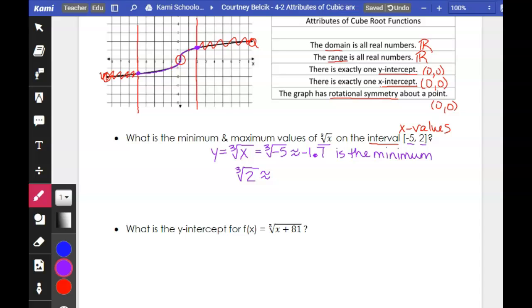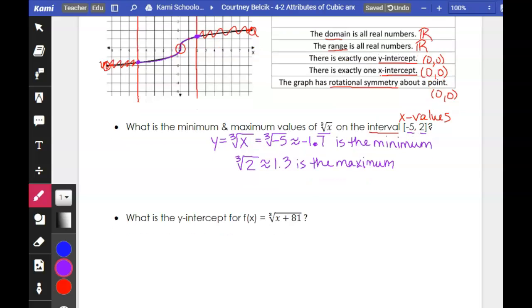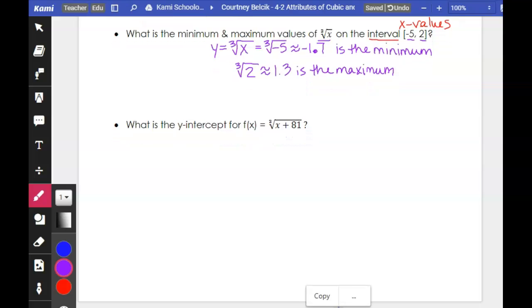So it's about 1.3, and that's the maximum. And you can do a quick spot check to make sure that it kind of makes sense, because if your minimum is bigger than your maximum, then you know you did something wrong, because by definition, minimum means the smallest value. So we're just taking our x values and we're substituting them into the equation.